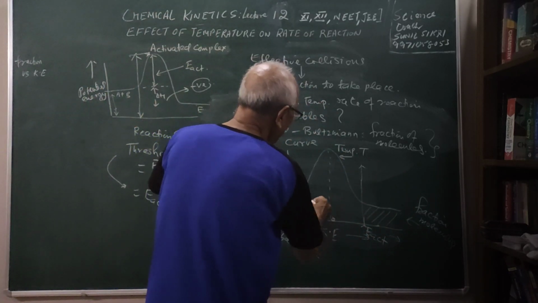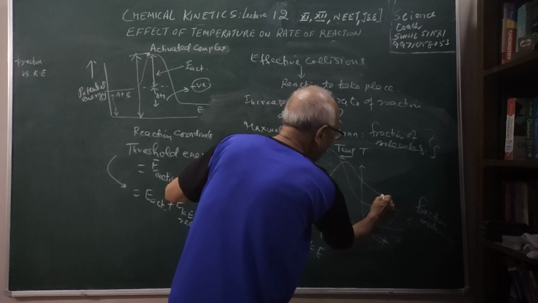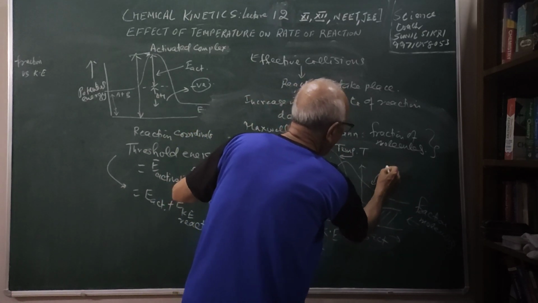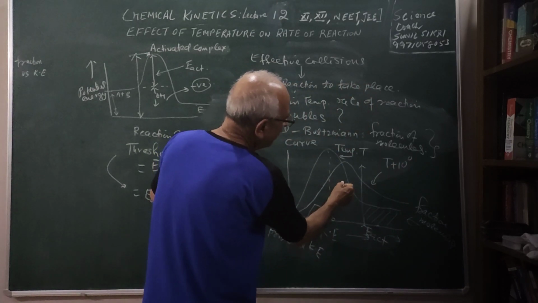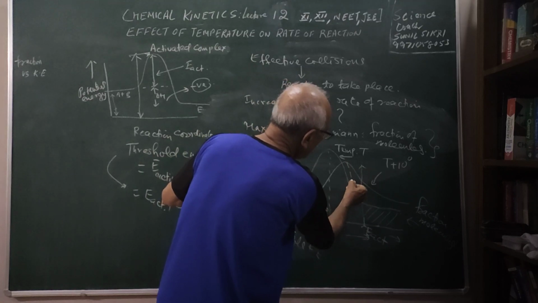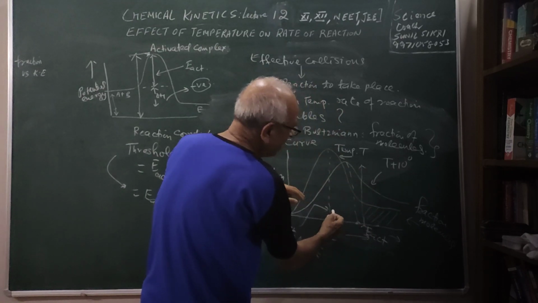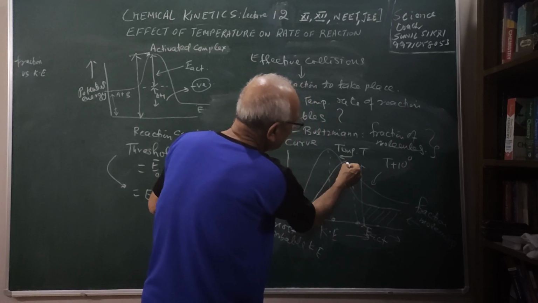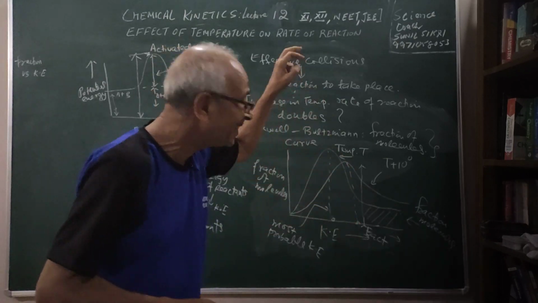What happens if the temperature is increased? The graph looks like this. This is a graph at T plus 10 degrees. You see that this is our most probable kinetic energy. This has shifted to this side, and the maxima of this curve has decreased. The number of molecules having most probable kinetic energy has decreased.